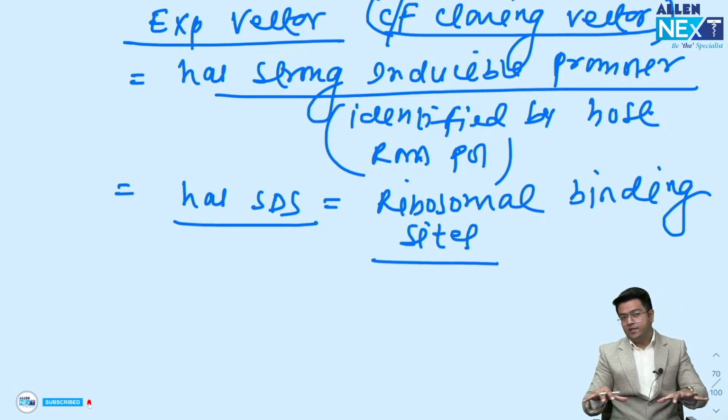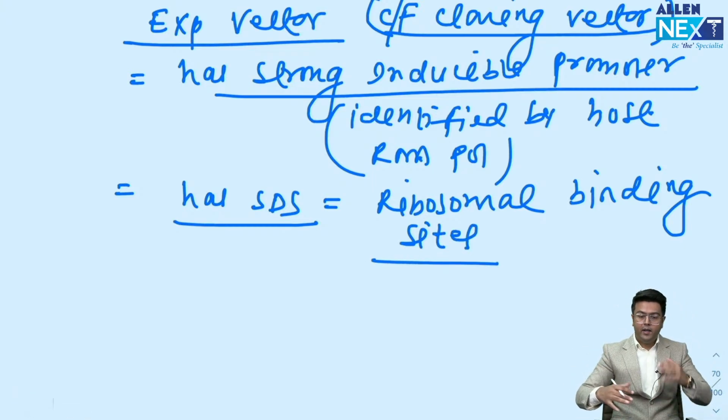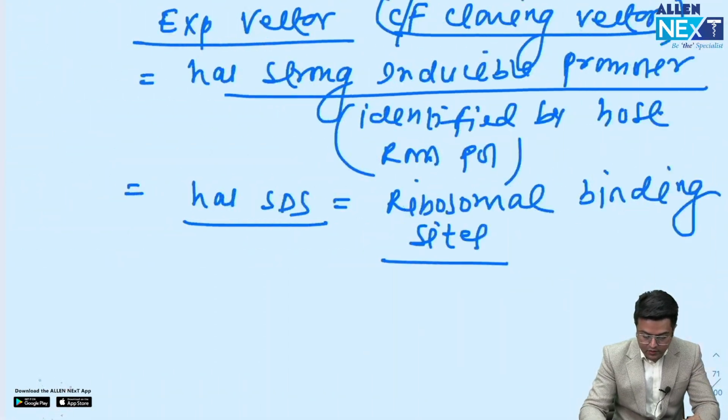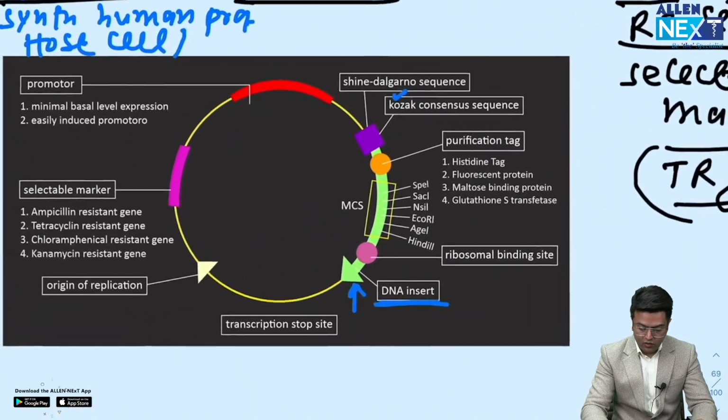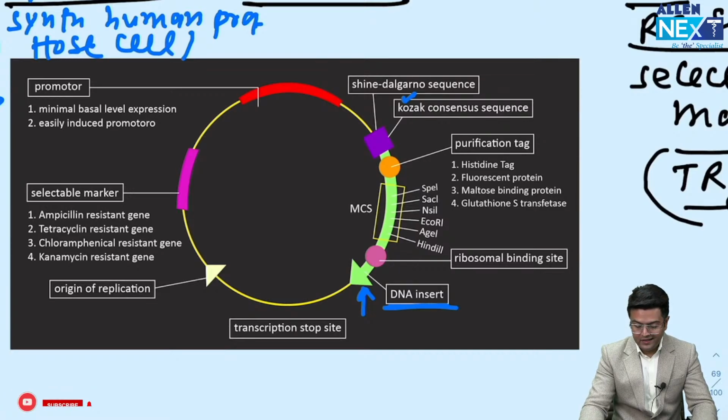Obviously, the SD sequence is on the gene, but it will appear on the mRNA. Clear? So that is called an expression vector.